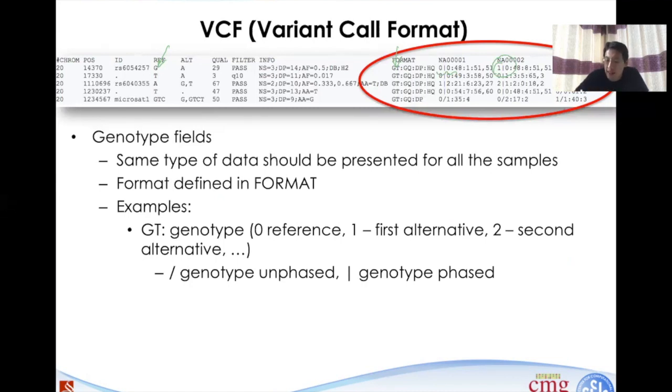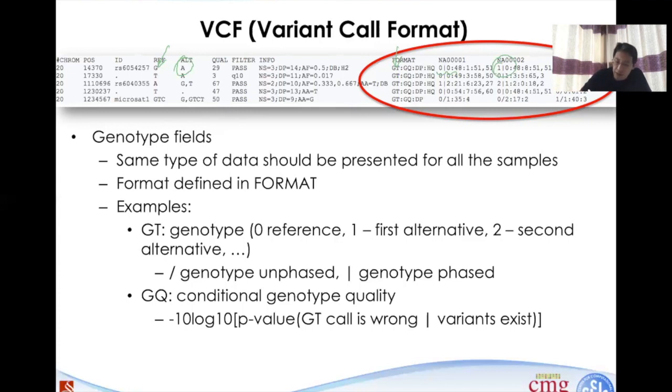For the third one, it is 1|1. That means it's a homozygous alternative, so both alleles are the alternative allele A. That is the first field. What it means is defined by this header information in the format, which is GT, standing for genotype.